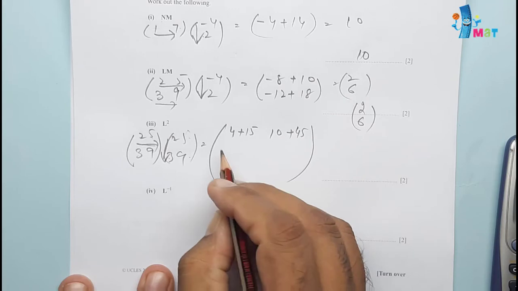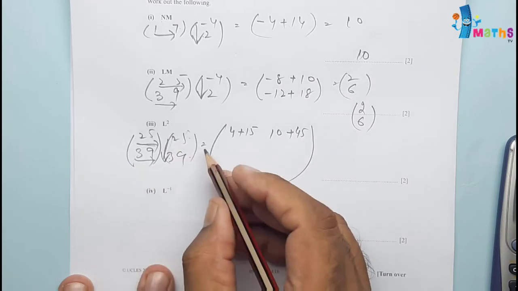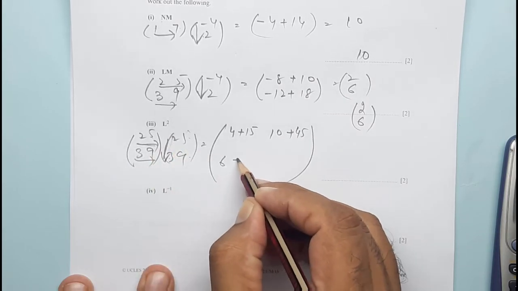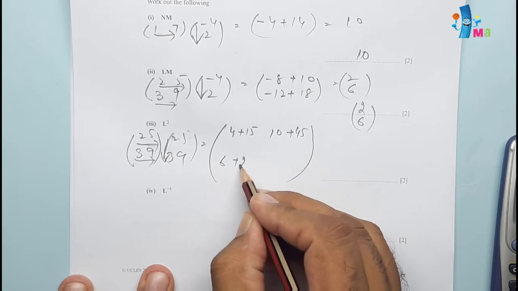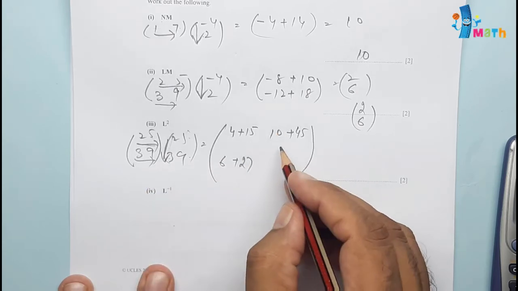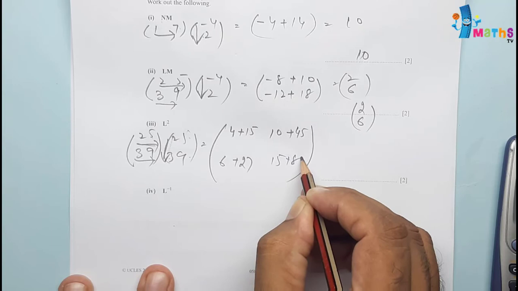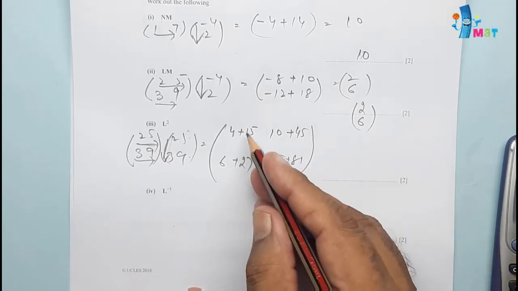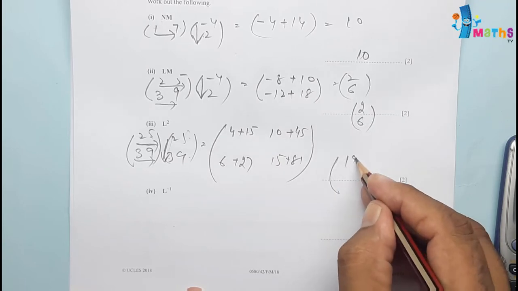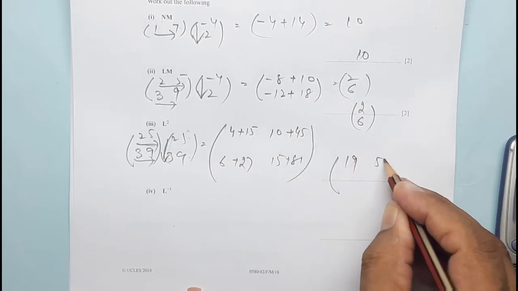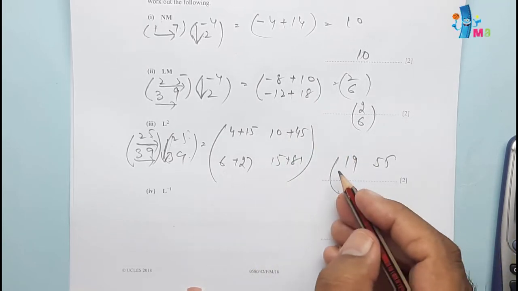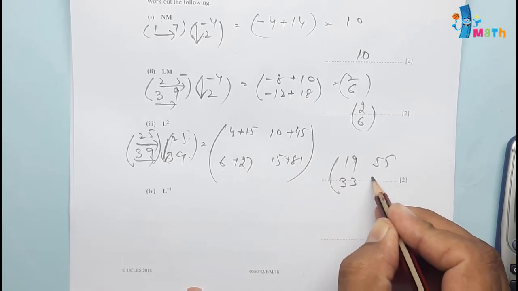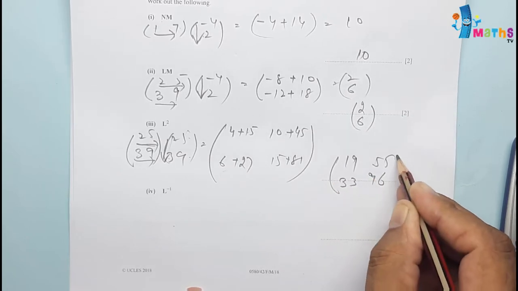And second row, first column will be 3 into 2, 6, plus 9 into 3 will be 27. And second with second will be 15 plus 81. So we can add them. This will be 19, this will be 55, this one will be 33, and this one will be 96.